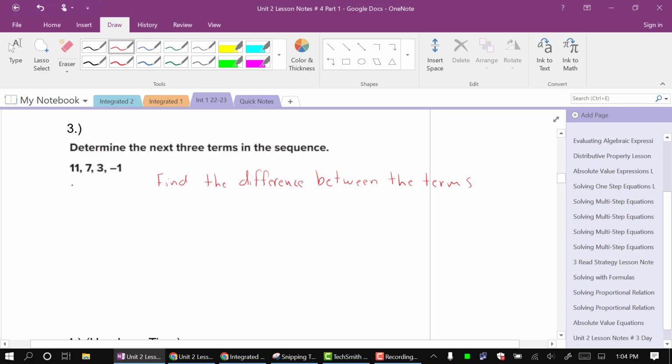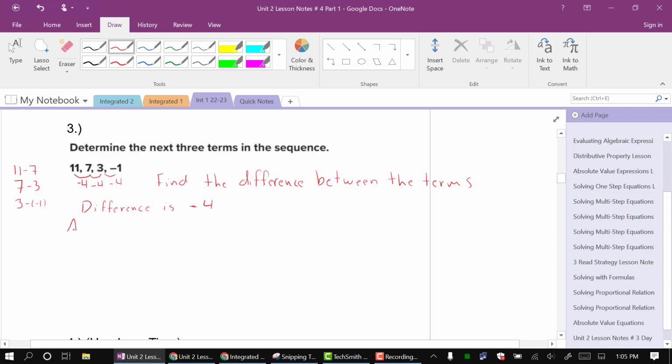So to go from 11 to 7, I can do 11 minus 7, and I see that that's going to be going down 4. 7 to 3 is going down 4. 3 to -1 is going down 4. So the difference is -4.